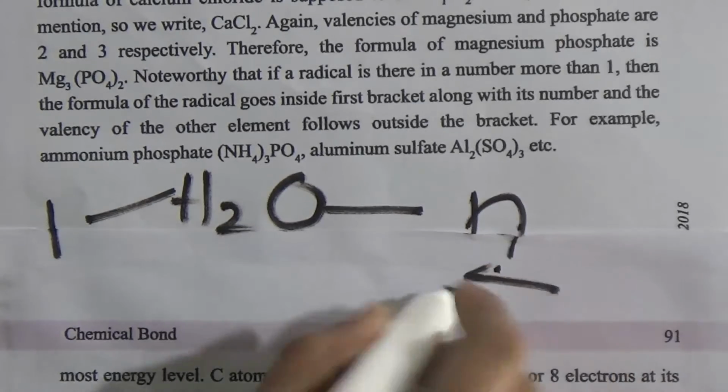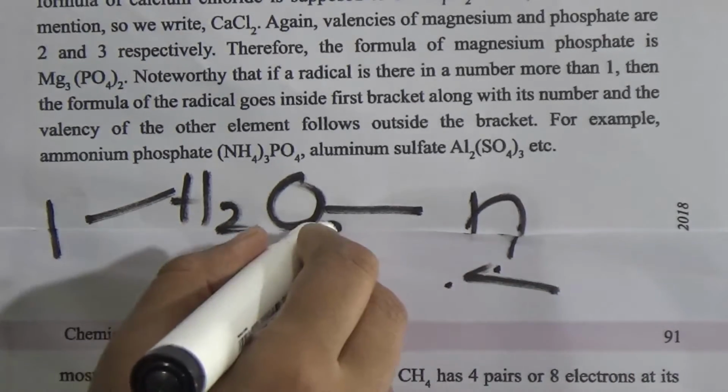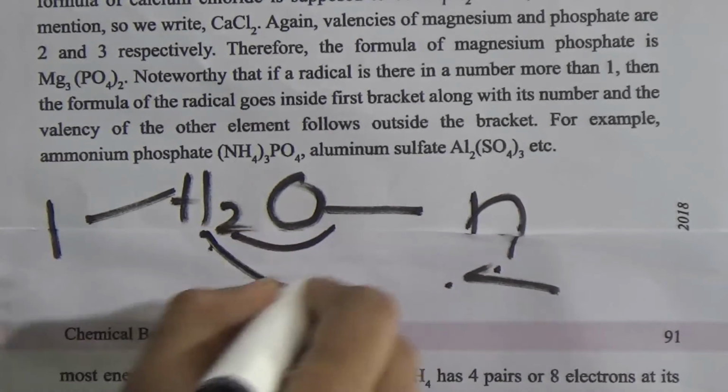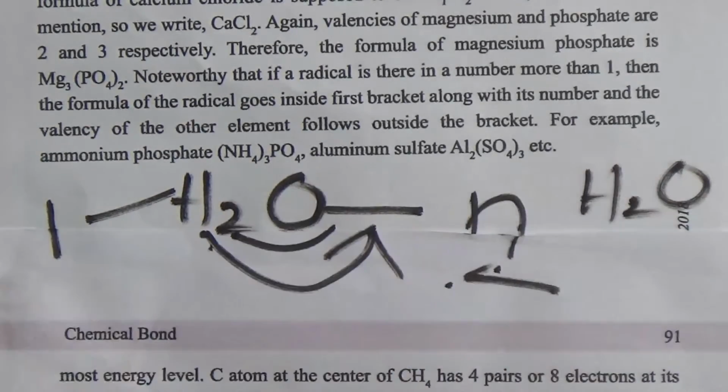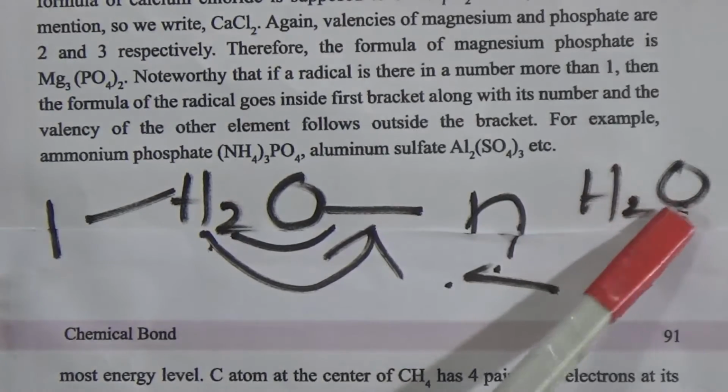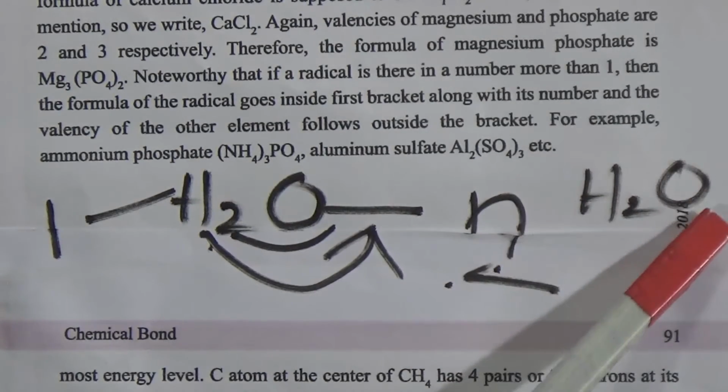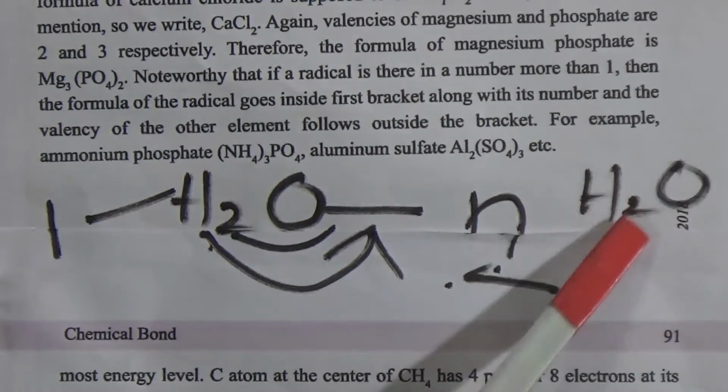This 2 is written here, and this will come here. That's why it is written H2O, because the 1 is no need; the 1 is for hydrogen and is not written here, and the 2 is for oxygen.